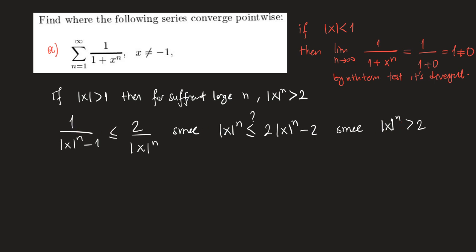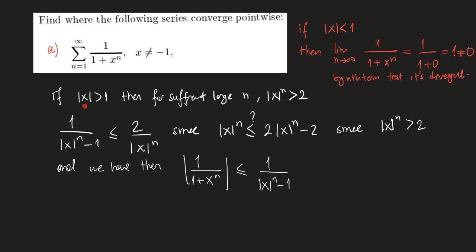And then we have that 1 over 1 plus x to the power n in absolute value is less than 1 over x to the power n minus 1. Why is it correct?